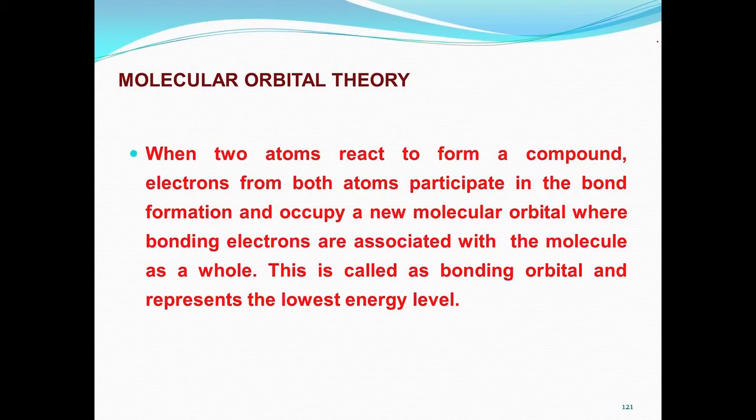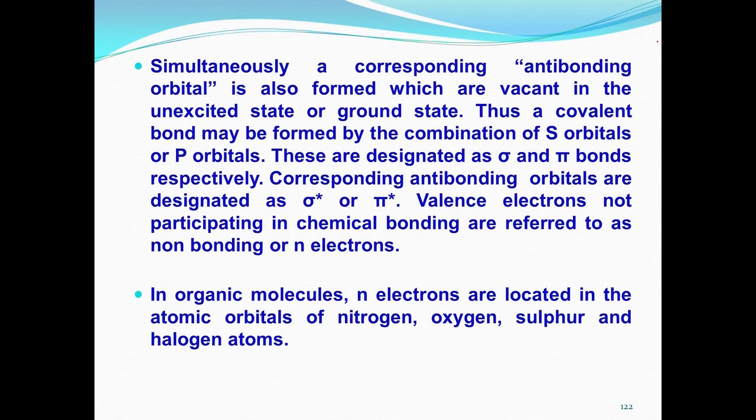This is called the bonding orbital. Whenever a bond is formed, the electrons occupy an orbital called the bonding orbital, which represents the lowest energy state. Correspondingly, an anti-bonding orbital is also formed, which is vacant in the ground state.